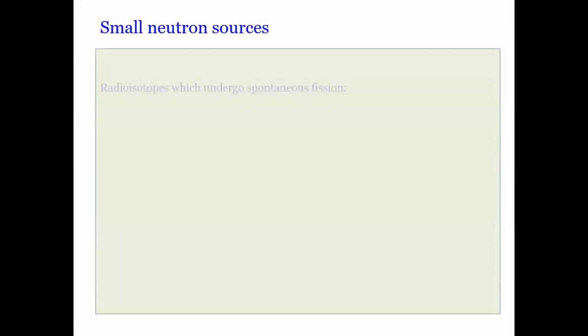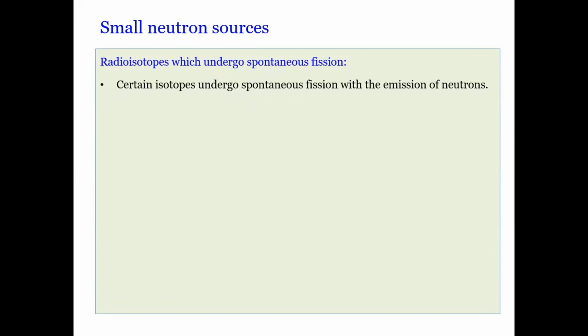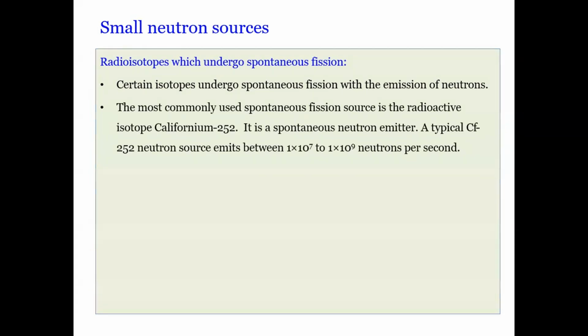If we would like to talk about the small neutron sources, there are radioactive sources that can undergo spontaneous fission. Certain isotopes that are now known to us do spontaneous fission, and emission of neutrons happens. The most commonly used spontaneous fission source is the radioactive isotope californium-252.